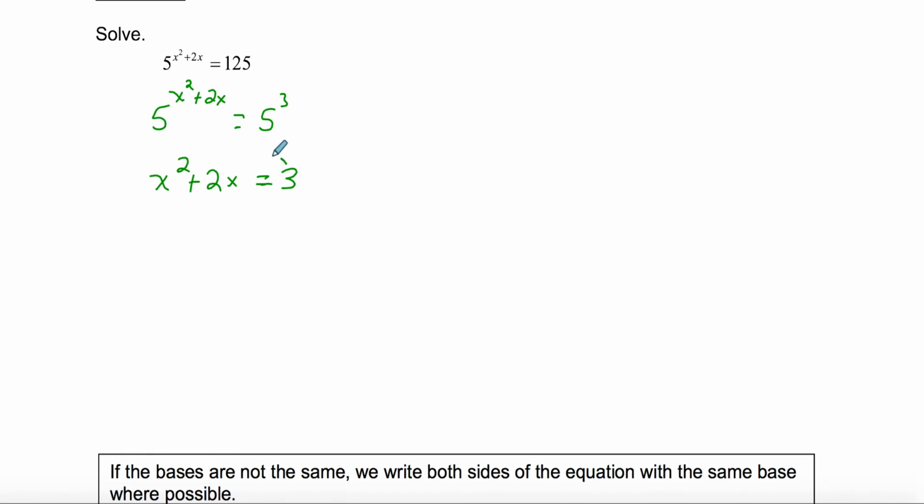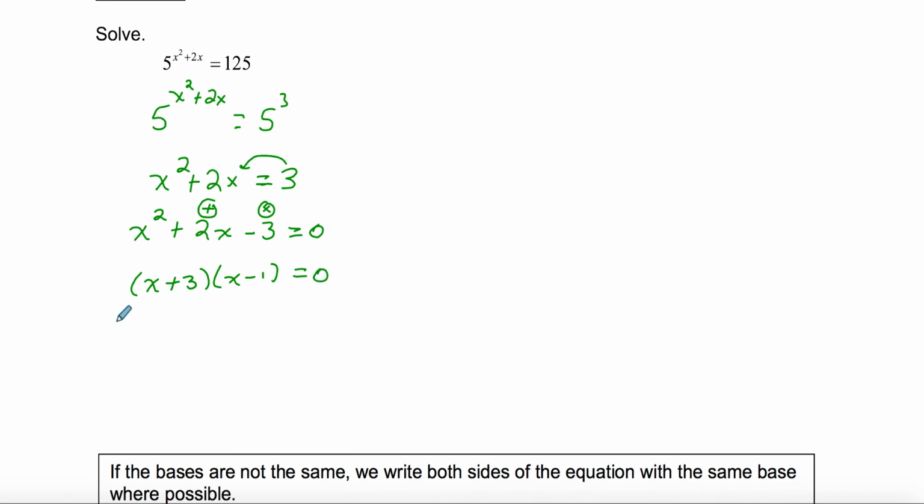I'm going to get my 3 to the left side because I'm hoping you recognize this is actually a quadratic equation right now, and we are going to be able to factor this. What multiplies to give you -3 and adds to give you 2? We could say x plus 3 and x minus 1 equals 0.